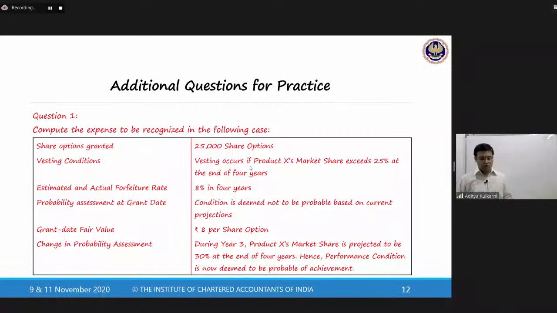Year 1 expense not accounted. Year 2 expense not accounted. Year 3 expense, you will not record only for year 3, but what you thought would not happen has now happened. So your year 3 expense will be a cumulative expense of the first 3 years.